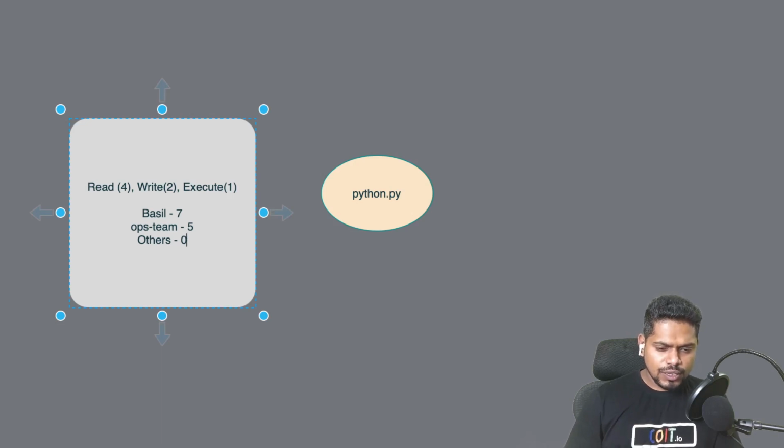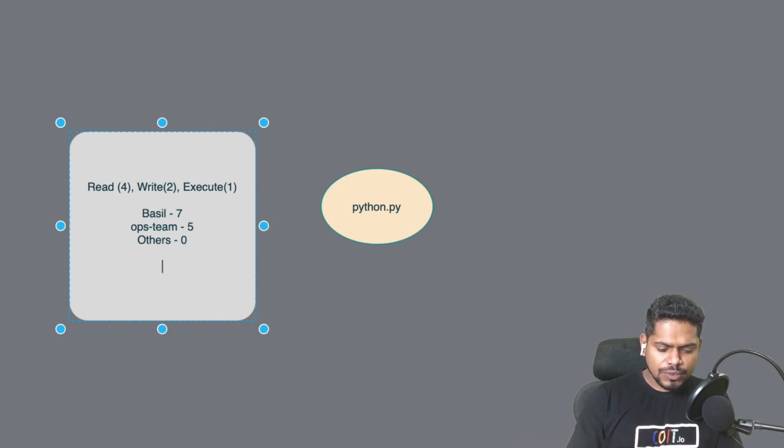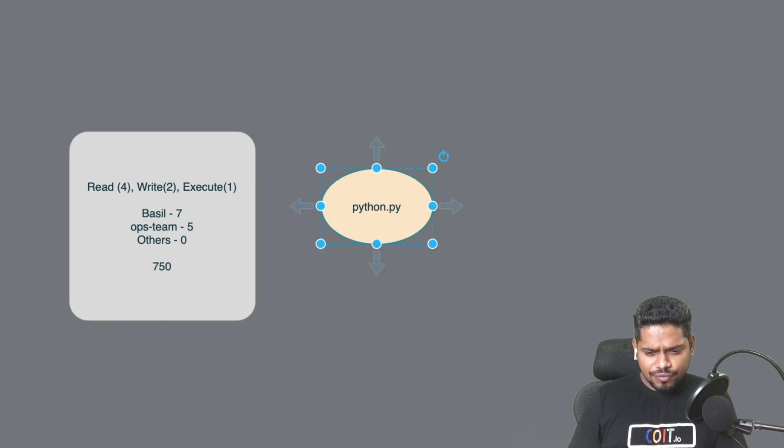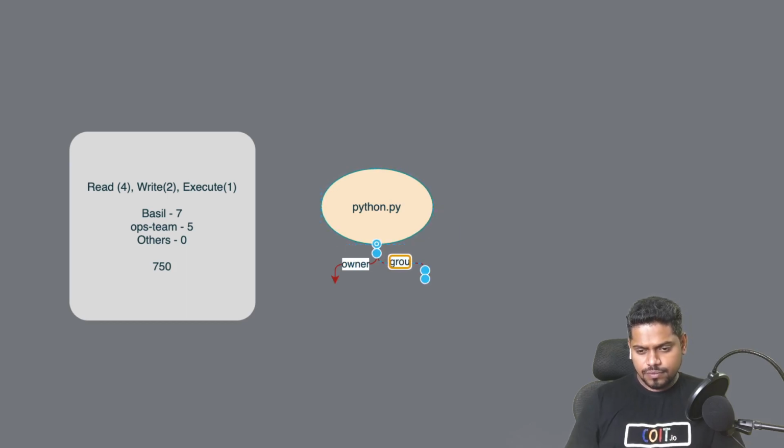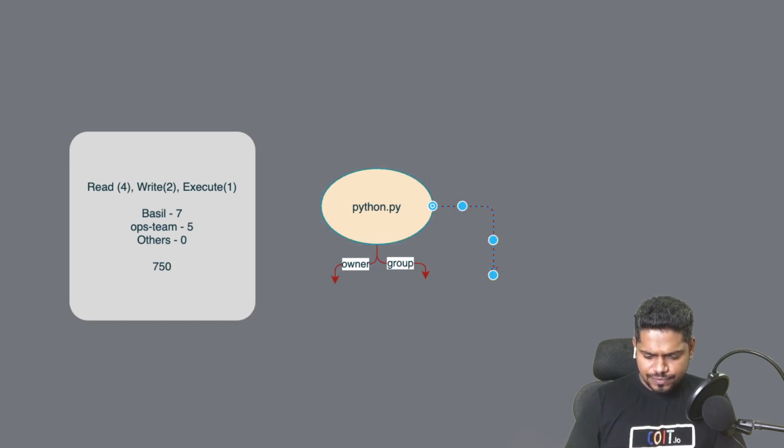So in that case, you can say the permission of this file will be 750, and every file will have a user which we call the owner, and every file will have a group, and then there will be other users, right?